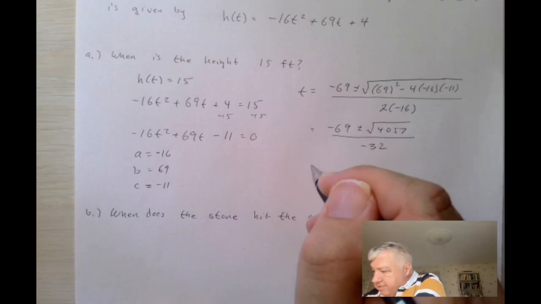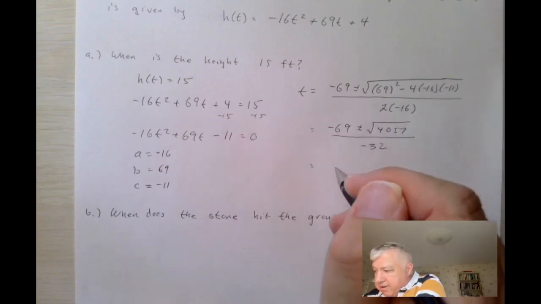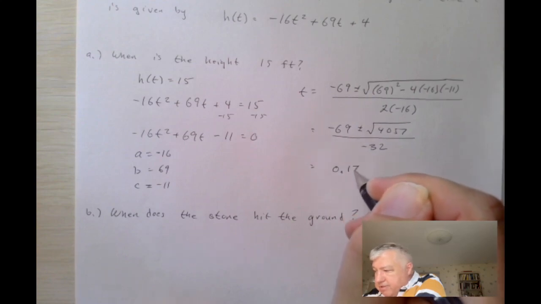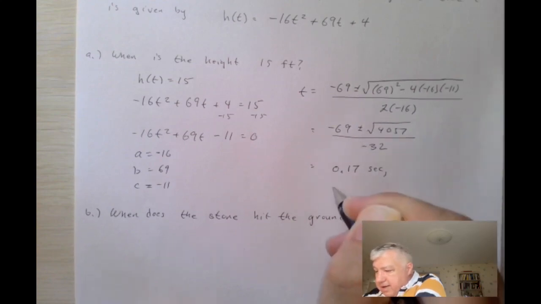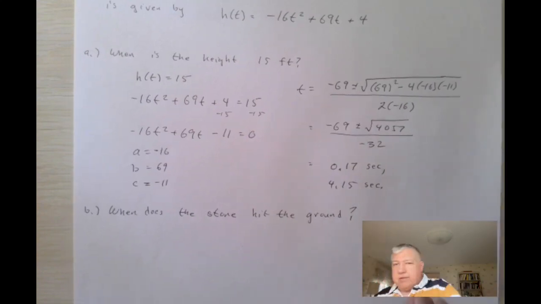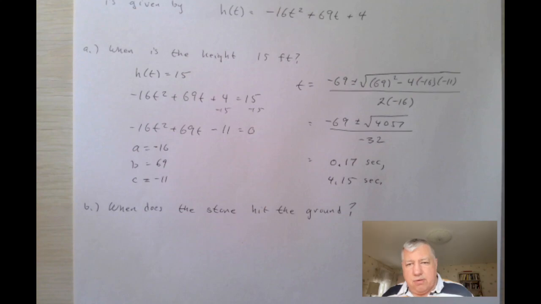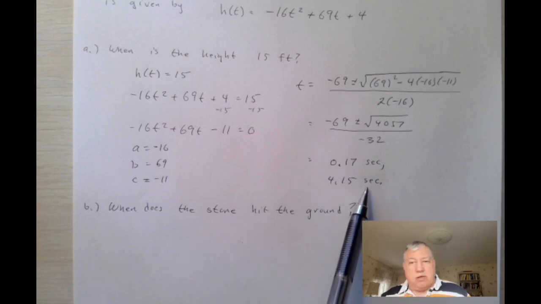And you get two solutions. If you plug this in your calculator, you get 0.017 seconds and 4.15 seconds. This makes sense because if you're tossing it up, it's going to be exactly 15 feet twice: one going up, and one coming down.